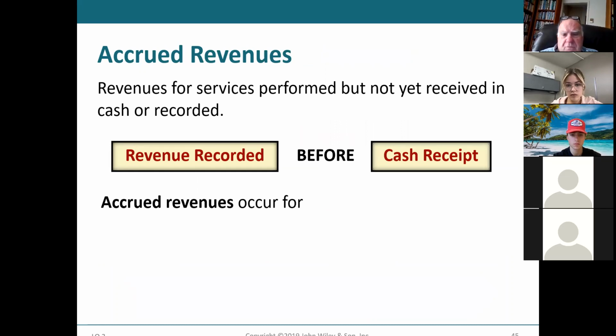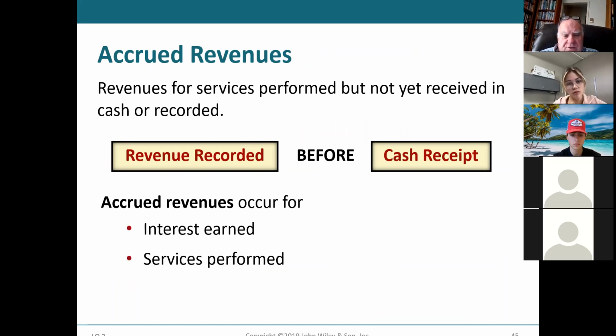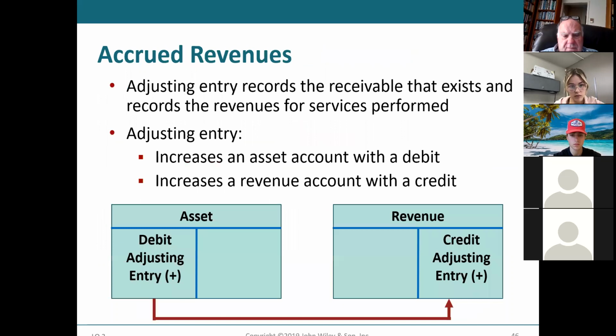Revenues for services performed but not yet received in cash or recorded. The revenue is recorded before the cash receipt. And what we're talking about with revenue pretty much is interest income. So imagine we loaned money to somebody and they owe us, say, $100 interest every month.